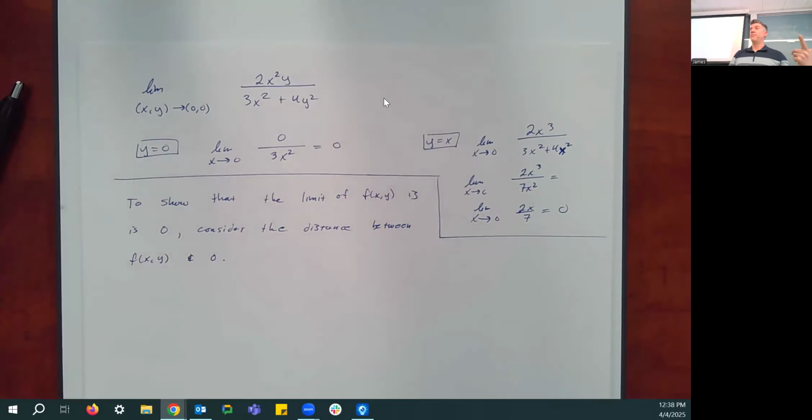And the idea is that as (x, y) approaches (0, 0) from any direction, the distance between the function and the value of 0 should get really, really small.